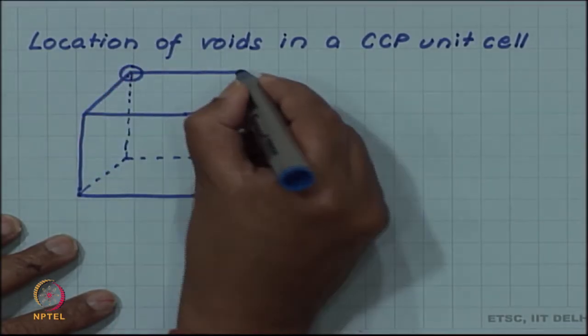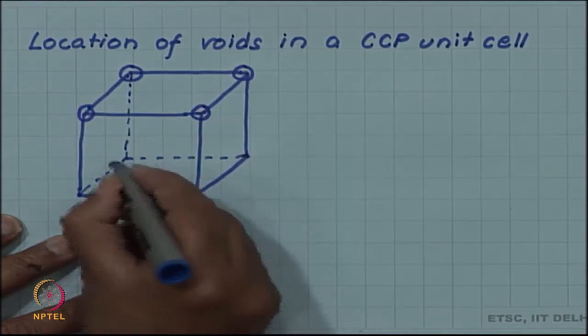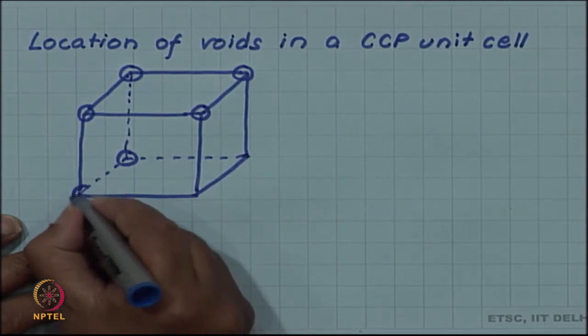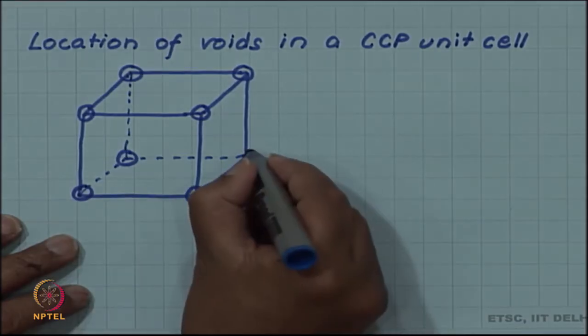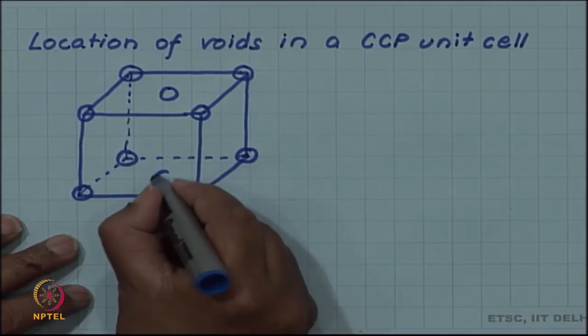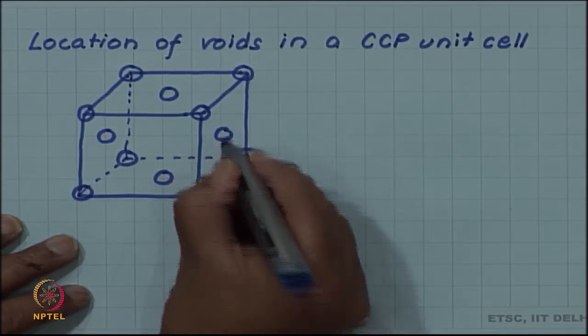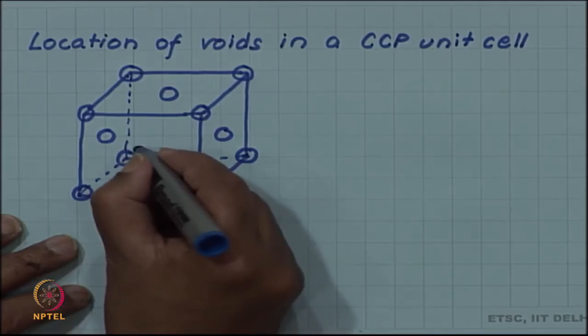So, I draw smaller atoms. The corner atoms, as well as, since it is CCP, the face center atoms.